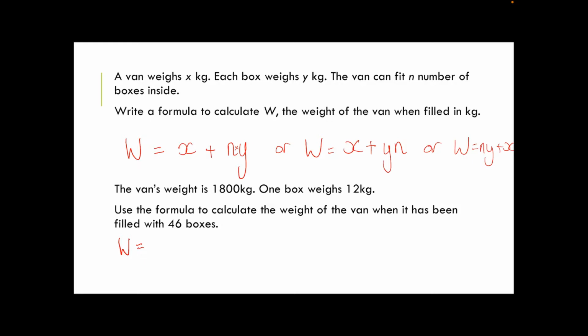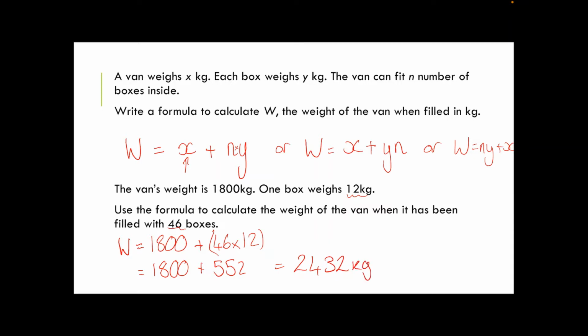The weight of the full van is going to be 1,800 for the weight of the van, plus the number of boxes was 46, and we are timesing by the weight of just one box, because if we've got one box weighing 12, 46 of them is going to be 46 lots of 12, so that is equal to 1,800 plus 552, and when we add them together we are going to get 2,432, and it was kilograms for the weight.